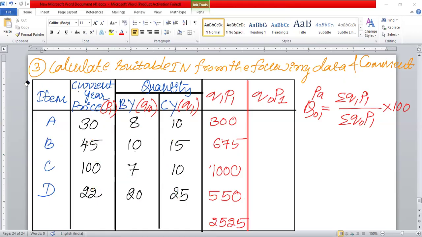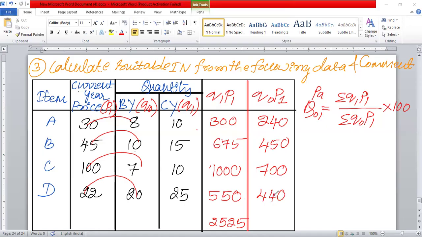Similarly, Q0 P1. So 30 into 8, 240. 45 into 10, 450. 100 into 7, 700. 22 into 20, 440.